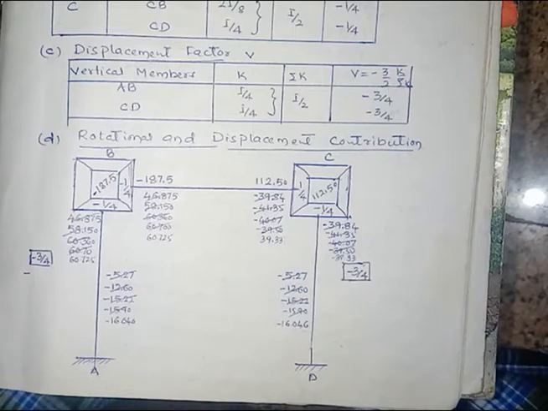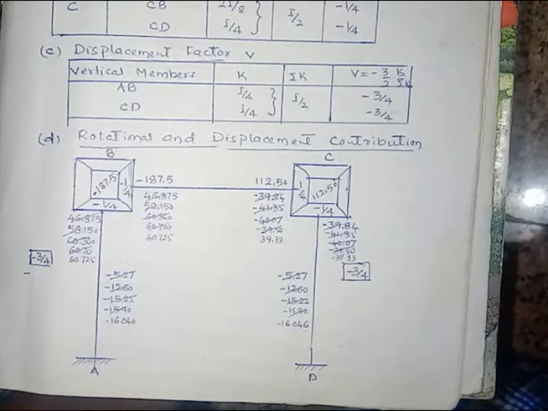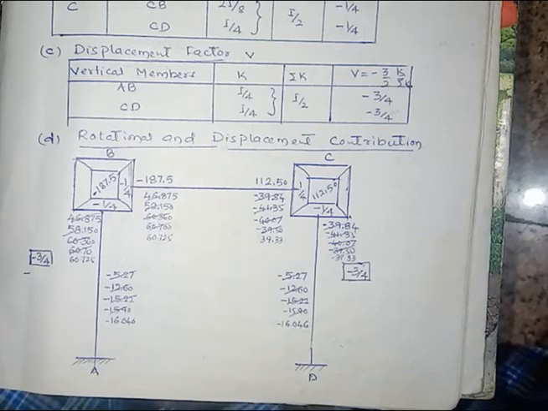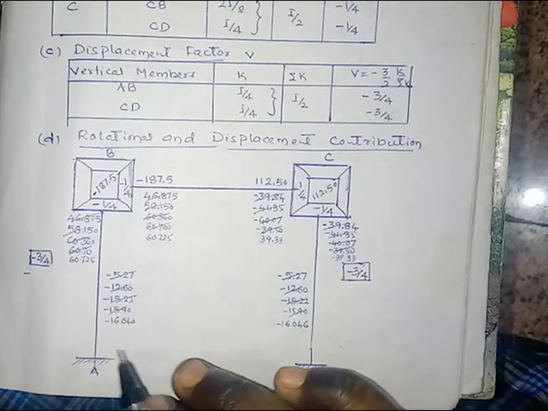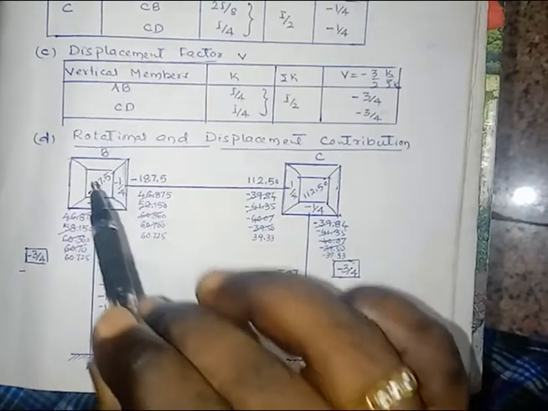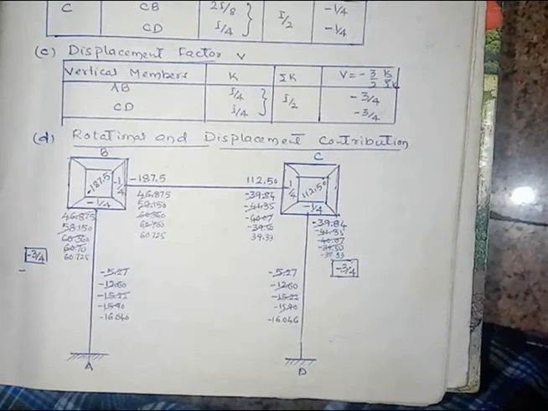Then the displacement contribution. The displacement contribution M double dash AB is given by the displacement factor inside the bracket, the sum of M dash AB plus the summation of M dash BA.